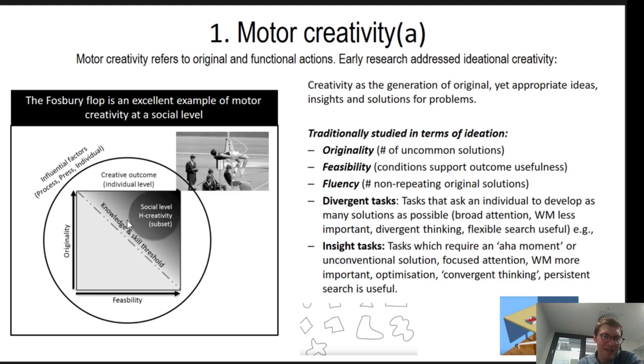Another point that needs to be made is that when we talk about original behavior, it's important that we think about the frame of reference. People can make a behavior that's original within a group of participants, or they can make a behavior that's original relative to themselves.